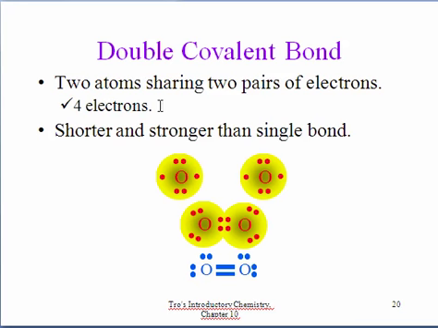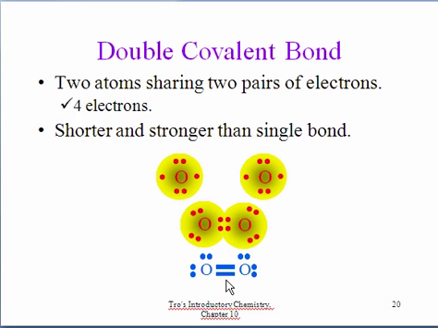Double bonds occur when 2 atoms share 2 pairs of electrons or a total of 4 electrons. Double bonds are shorter and stronger than single bonds. So here's an example. We have 2 oxygen atoms, and oxygen has 6 valence electrons, 2 unpaired electrons. When these 2 electrons share with the 2 electrons from another oxygen atom, we have a total of 4 electrons being shared, or what's known as a double bond.